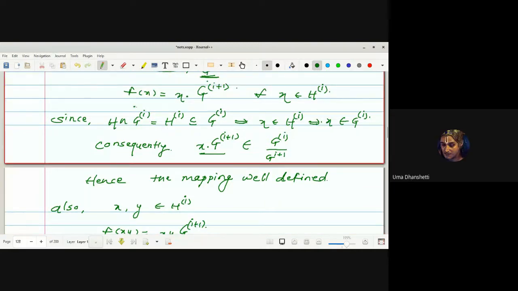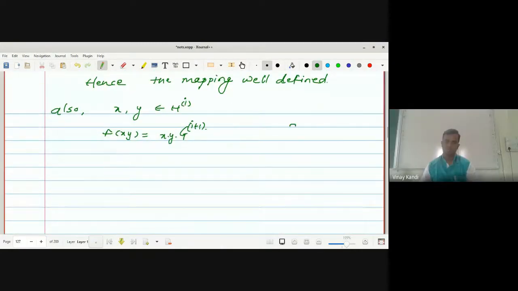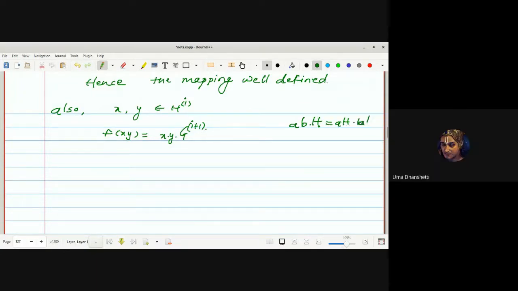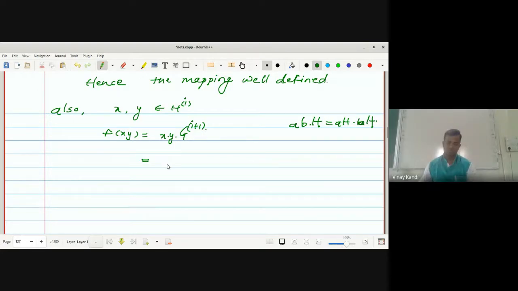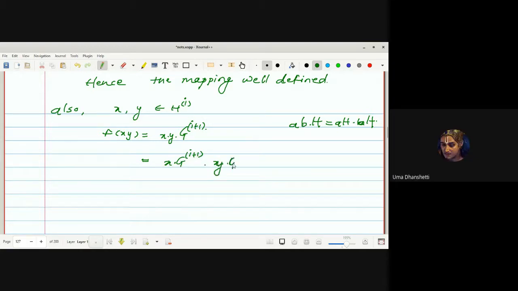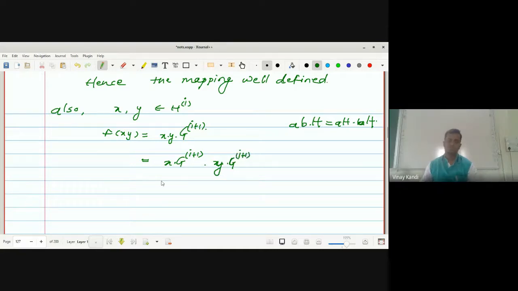But we know that ab into H is equal to a into H, b into H. So this is equal to x into G raised to I plus 1 into y into G raised to I plus 1, and that is f of x into f of y. Hence we get f of x y is equal to f of x into f of y. That means this f is a homomorphism.